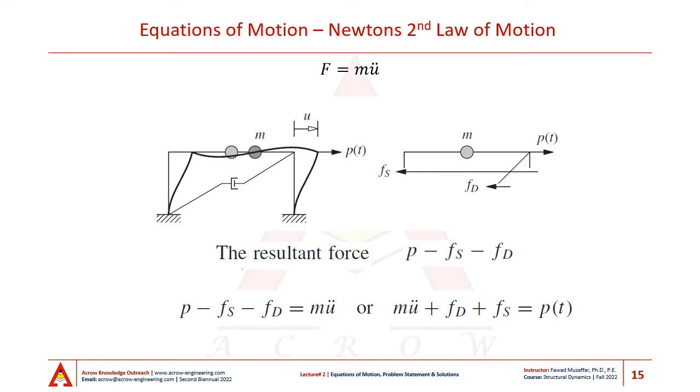Having been introduced to the different components of the single degree of freedom system, let us now address the problem of formulation of the equation of motion of a dynamically vibrating system. I will introduce you to three different philosophical approaches.